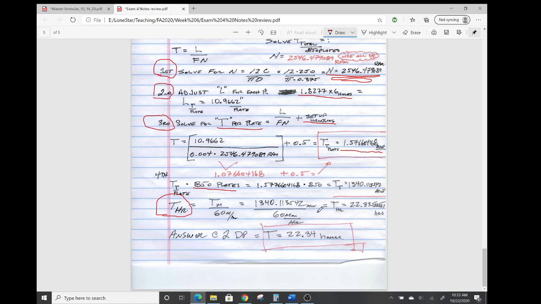Minutes will cancel out, and you'll end up with 22.33522 and some change hours, whatever it is on your calculator. Now, we're going to round that to 2 decimal places. The answer in 2 decimal places would be the total time is 22.34 hours to do 850 plates.